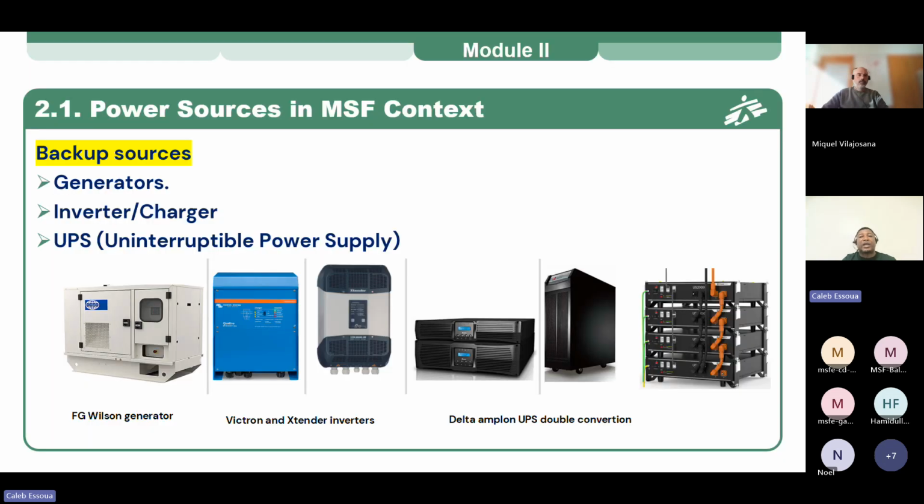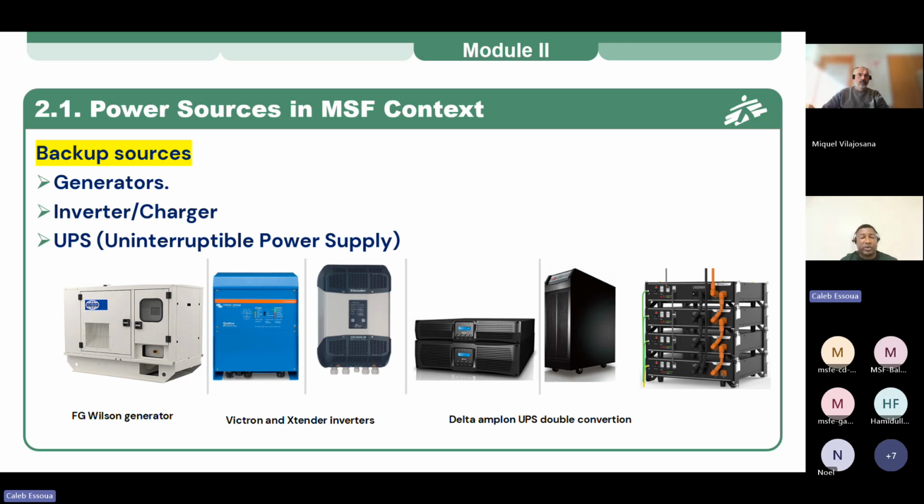Then backup sources are, as I said, a secondary energy system that activates when the primary source fails. In our facility, we use this backup source to guarantee an uninterrupted power supply. A few examples that we have include the generator, especially FG Wilson, because our standard is FG Wilson and Caterpillar.